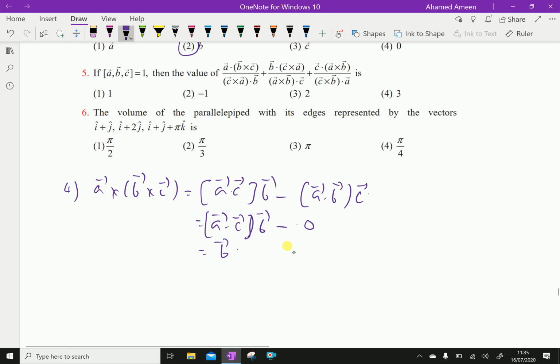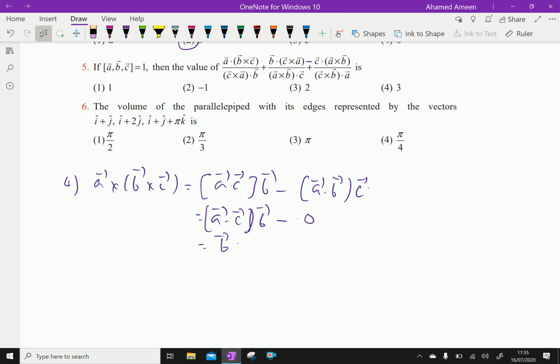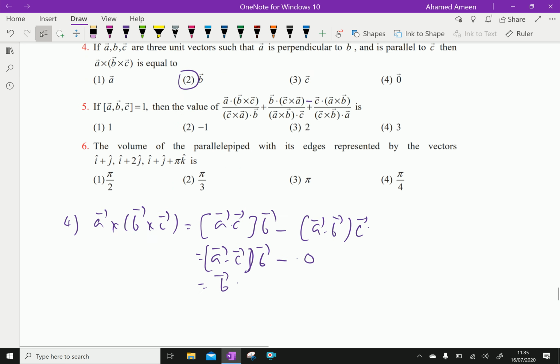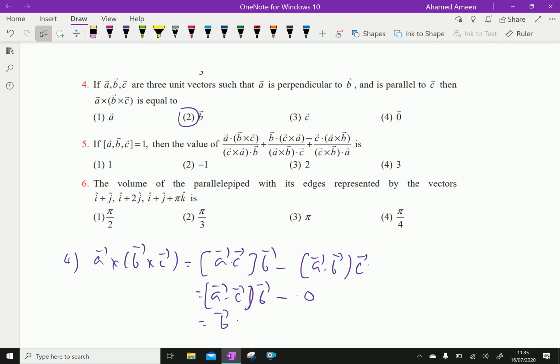The third one should be minus. Therefore these are equal things. We can put 1, this also we can put 1, but this we can put minus 1. So 1 plus 1 minus 1 is 1. Answer is option 1.